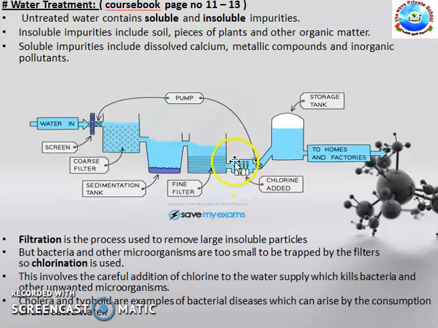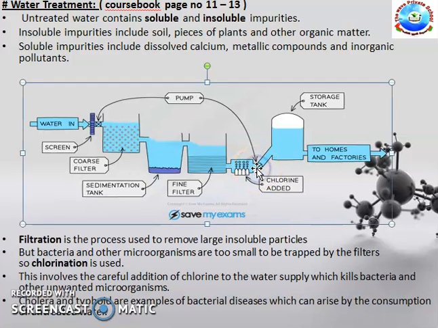So this process is called chlorination. This involves the careful addition of chlorine to the water supply, which kills bacteria and other unwanted microorganisms. Got it? Then after this, it is passed through the pipe where it goes to the last process. There is the store tank.